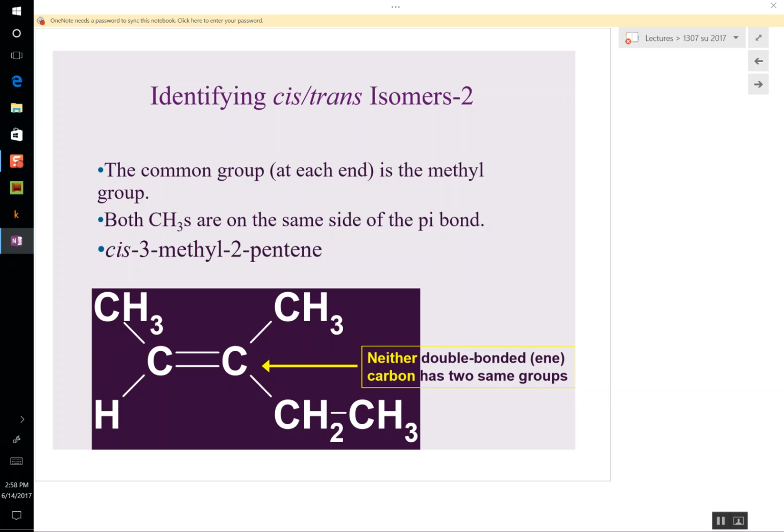But this and this, the molecule doesn't care how we're doing this stuff. It just happens to be that that is a CH3, that's a CH3. They're on the same side of the double bond. So that's a cis isomer. Okay, let's let that soak in. Let's take a 5-minute break.